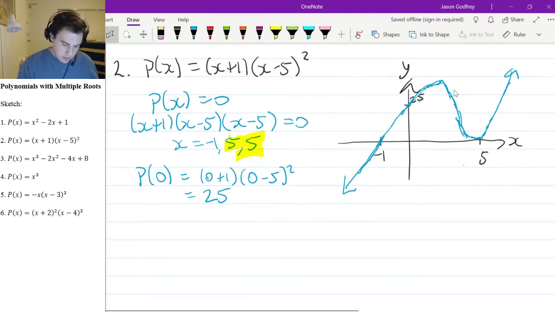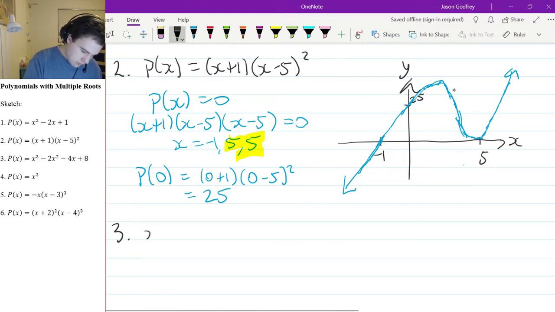Okay, next one is a degree 3 polynomial, so it's going to have 2 turning points and a maximum of 3 roots.